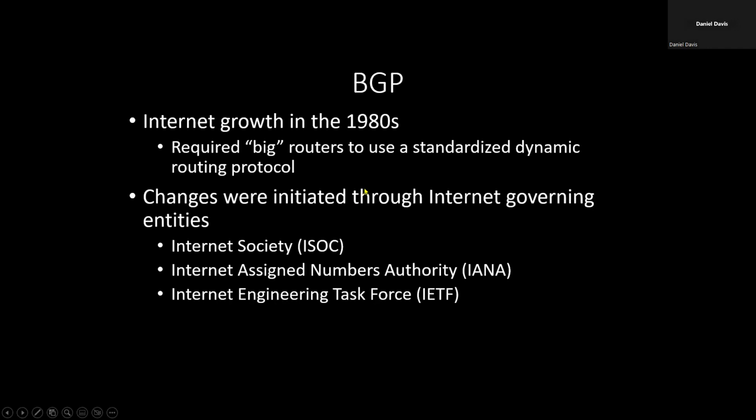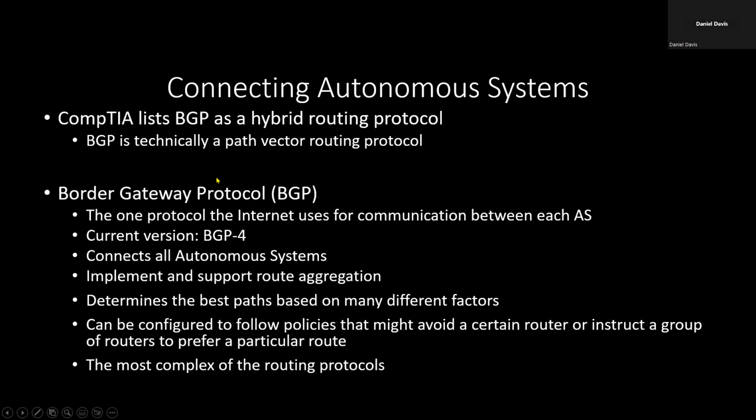Internet growth in the 1980s required an update of a kind of standardized dynamic routing protocol. So we wanted a standardized dynamic routing protocol. These are the three organizations that oversaw that: the Internet Society, ISOC, the Internet Assigned Numbers Authority, and the Internet Engineering Task Force.